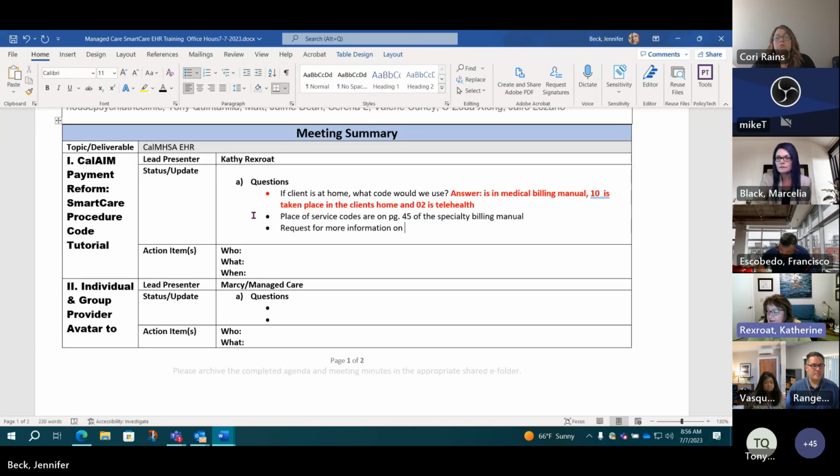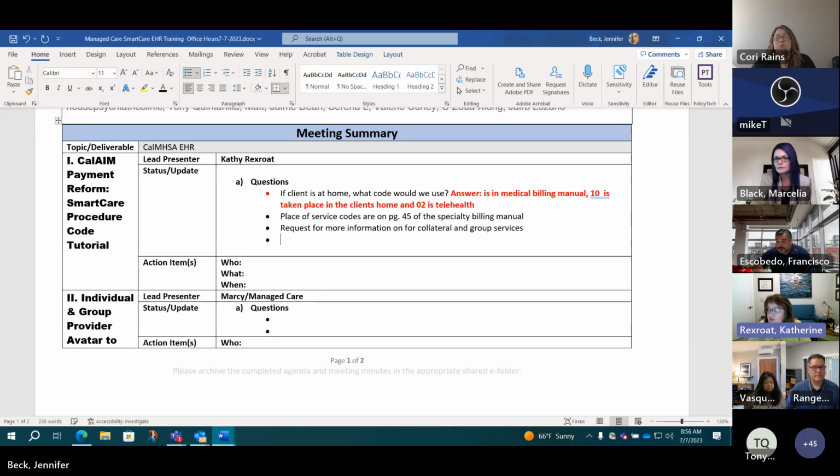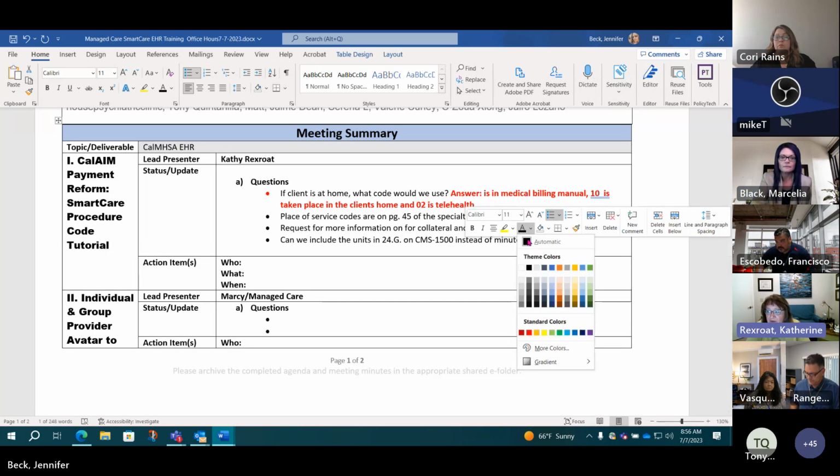And then Rohina had the next question. Can we include units on 24G on the CMS 1500 instead of minutes? No, please always use minutes on the units for 24G. We need to have consistency as far as taking your CMS 1500 forms and entering them into our system to convert.